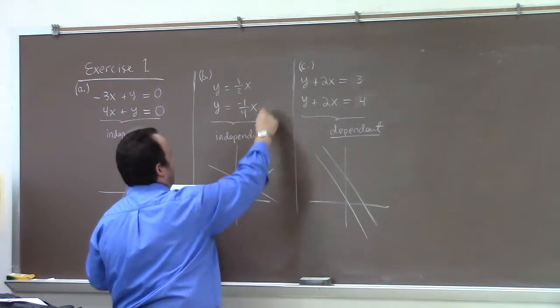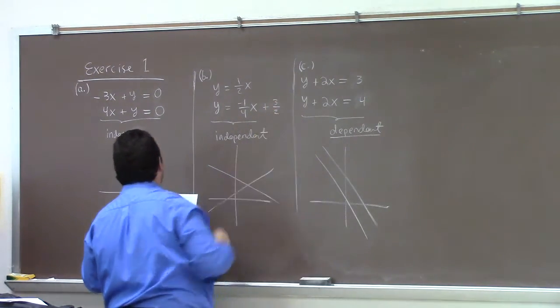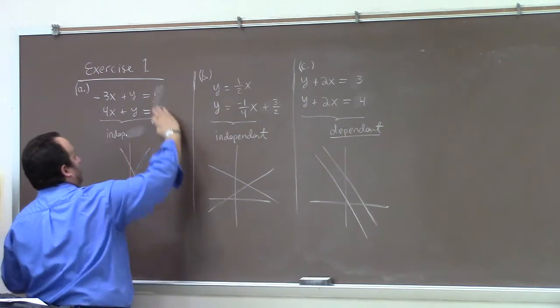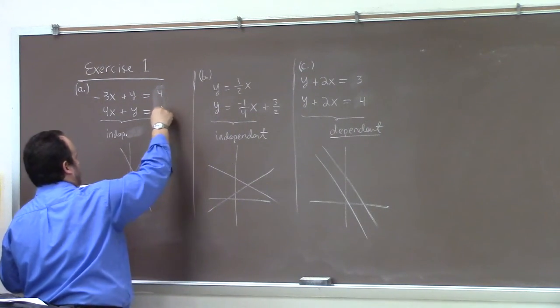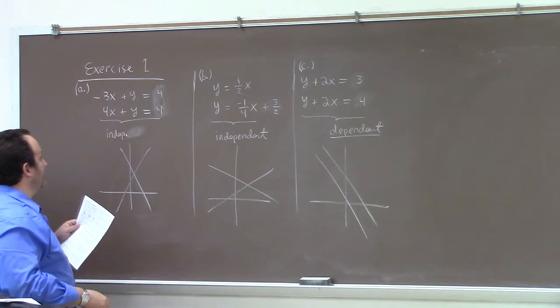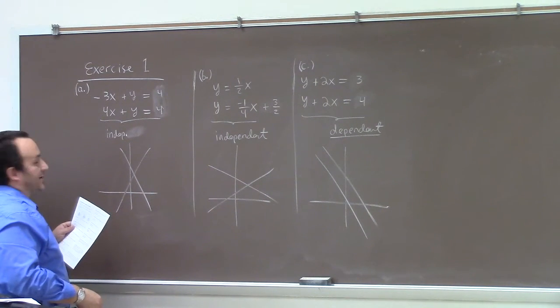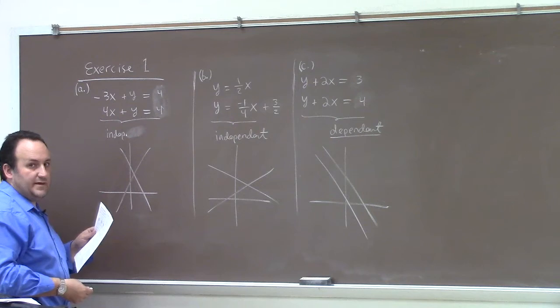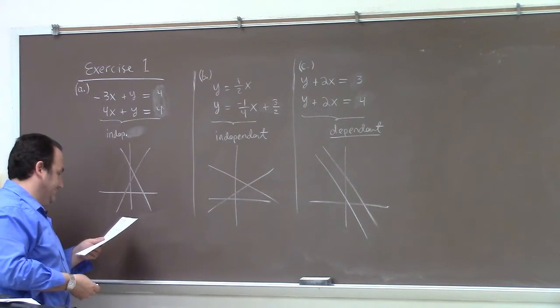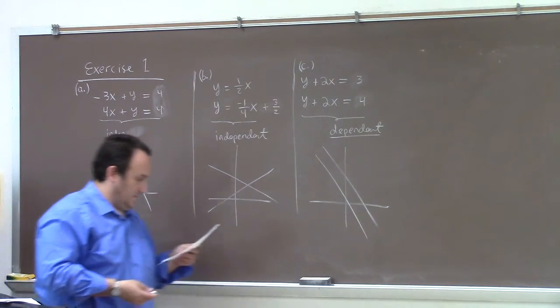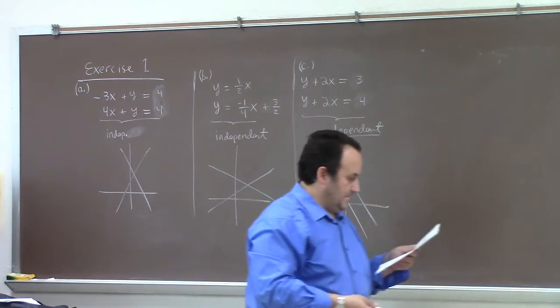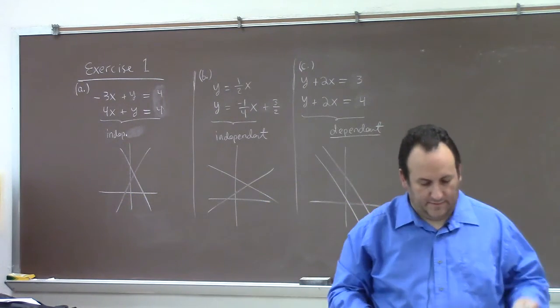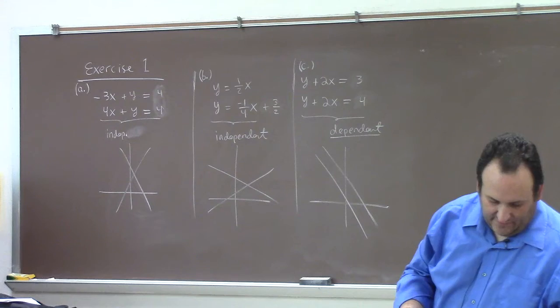I guess it doesn't matter how you say the negative 3x plus y equals 4, so we don't have to worry about the equal 4 part, we just worry about the actual equation. Yeah, okay, that is the case.